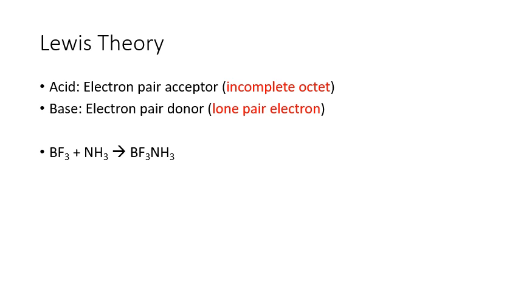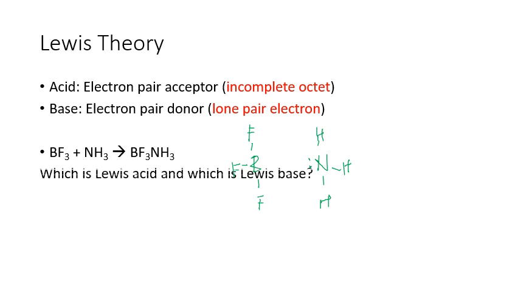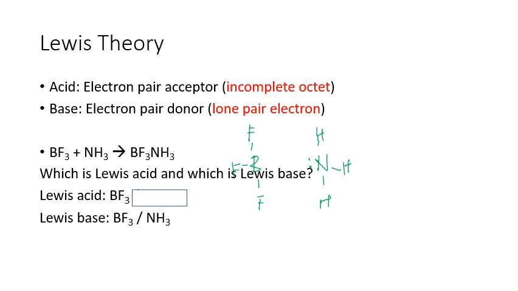If we draw the Lewis structure for BF3, we see that BF3 shows an incomplete octet, while NH3 shows an octet, but there is one lone pair of electrons. So in this case, which is the Lewis acid and which is the Lewis base? Yes, you are right. Lewis acid is BF3, while Lewis base is NH3.